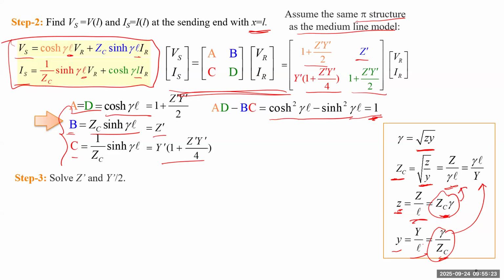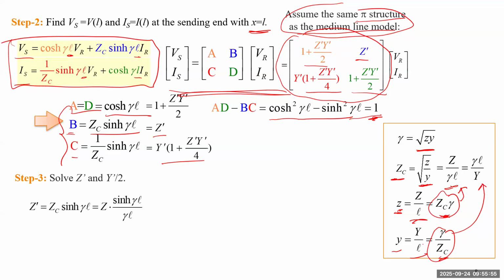If we were able to solve Z prime and Y prime, we'll be able to get an equivalent circuit taking the same structure as the pi model. And instead of using the actual Z and Y, we'll just use the Z prime and Y prime values for that equivalent circuit. Then from there, we'll study the long line as a medium line, but we just don't use their actual value. We just use their equivalent value. Does everyone follow here? Okay.